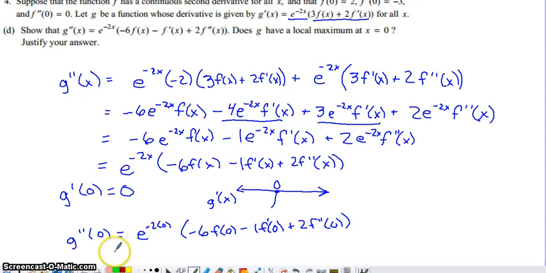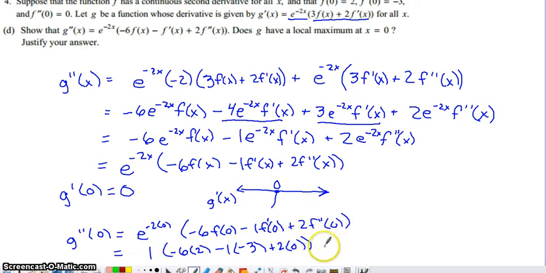If I take the values that we were given up in the problem statement, f of 0 is 2. So this is 1 right here, right? And then I'm going to be looking at negative 6 times 2, and then minus 1 times f prime of 0, that's right here, that's negative 3, and then plus 2 times f double prime of 0, which is 0.